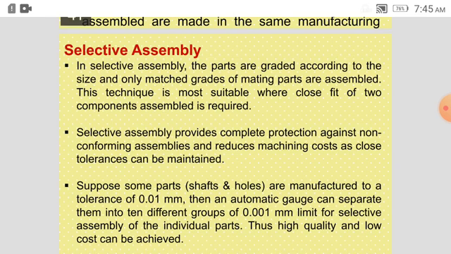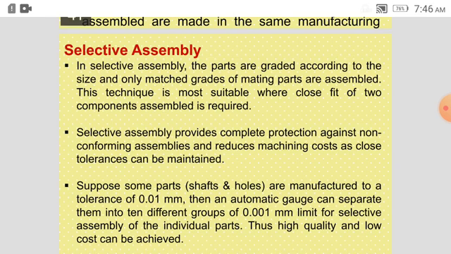So in selective assembly, the parts are graded or sorted according to size, and only matching grades of mating parts are assembled. This technique is most suitable where a close fit of two components is required, because the oversized male part will be assembled with the oversized female part, be it nut and bolt, or hole and shaft. All the oversized are assembled together, all the basic size together, and all the undersized together.